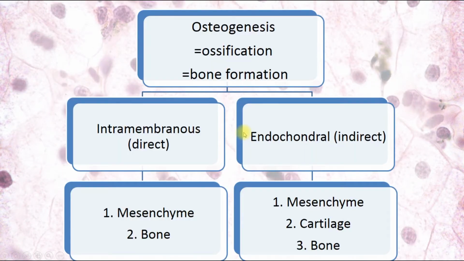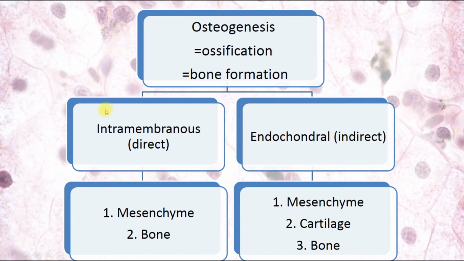And now let's go to the development of the bones, and this process is called osteogenesis, or ossification, or bone formation. So here we can see the names of this bone development, and there are two ways or two patterns of ossification.